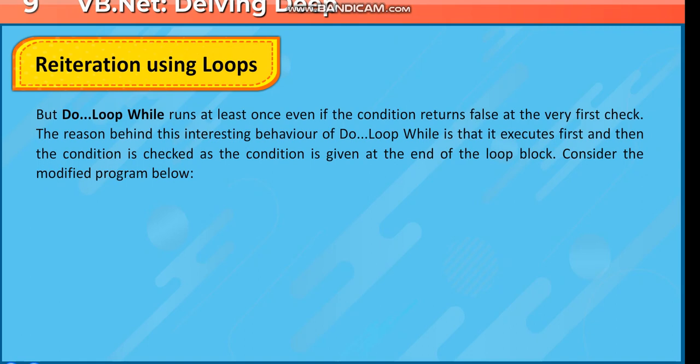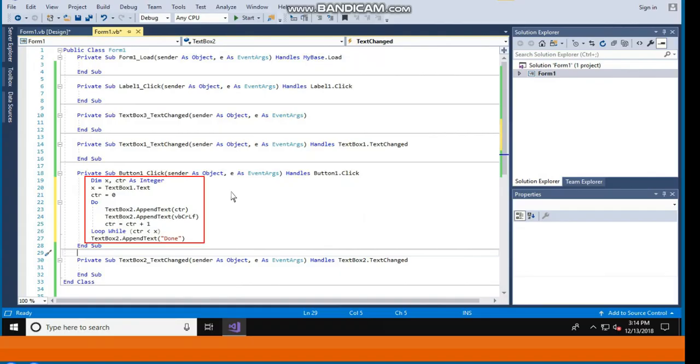But Do Loop While runs at least once even if the condition returns false at the very first check. The reason behind this interesting behavior of Do Loop While is that it executes first and then the condition is checked, as the condition is given at the end of the loop block. Consider the modified program below. Dim x, ctr as Integer, x = TextBox1.Text, ctr = 0, Do.